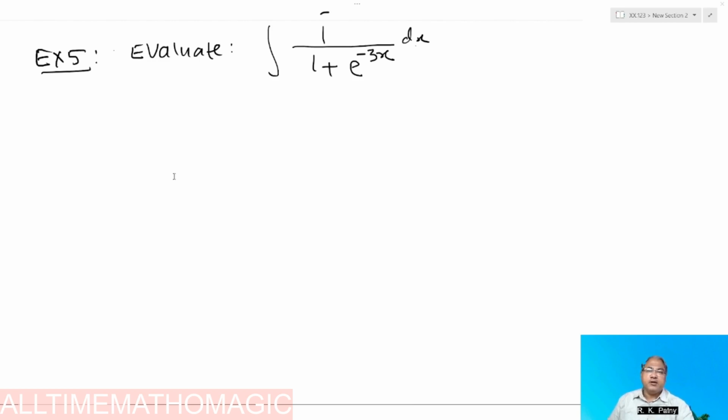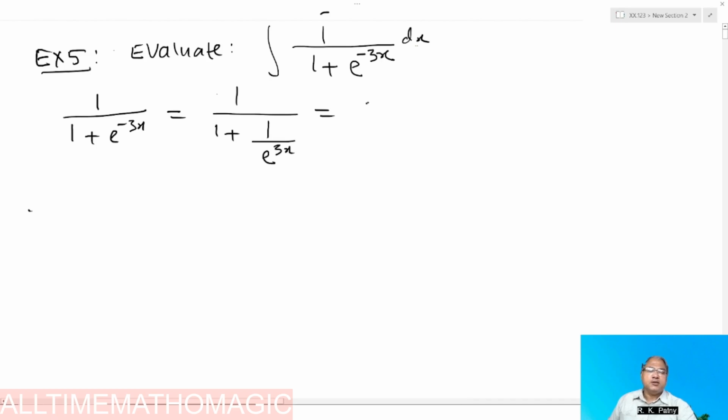For example, here the given question can be simplified algebraically first, and after that we will do the integration. First of all, we go for algebraic simplification: 1 plus e raised to minus 3x can be written as 1 upon 1 plus 1 upon e raised to 3x, that is equal to e raised to 3x upon e raised to 3x plus 1.